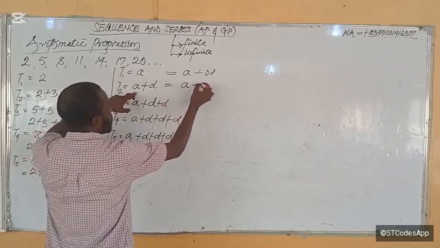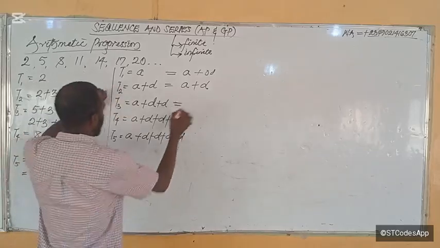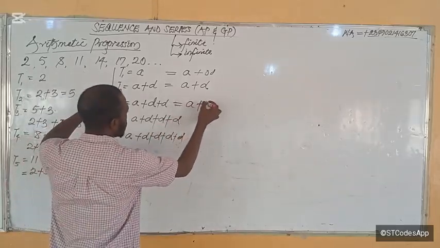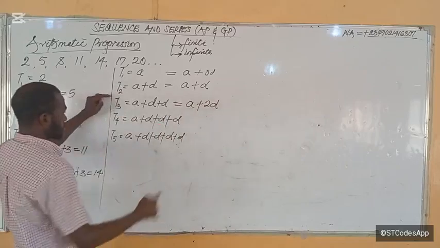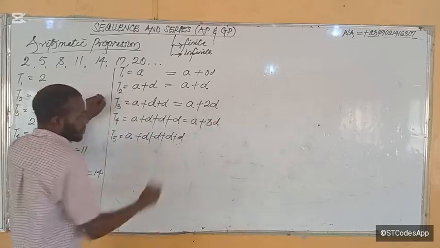T2 is A plus D. We can't go any further from there. Then T3 is actually A plus 2D, and T4 is A plus 3D.